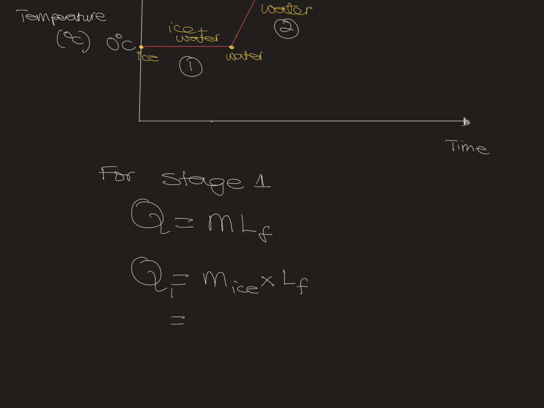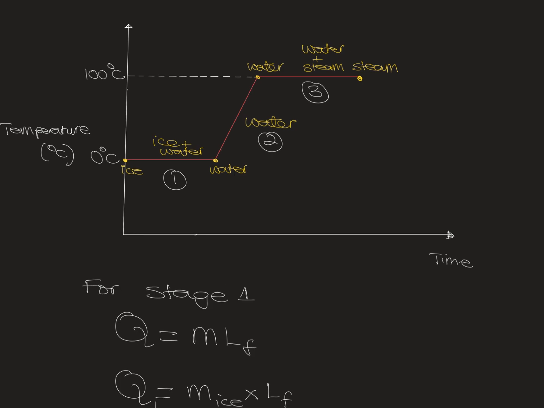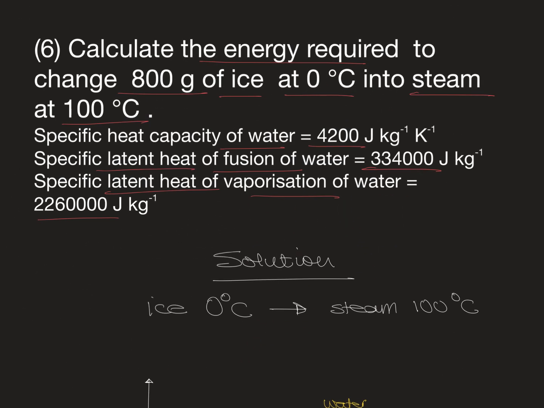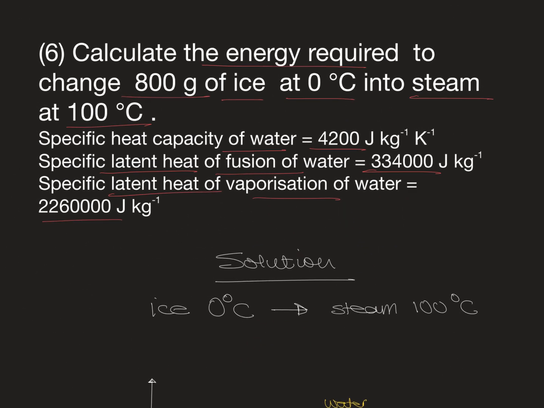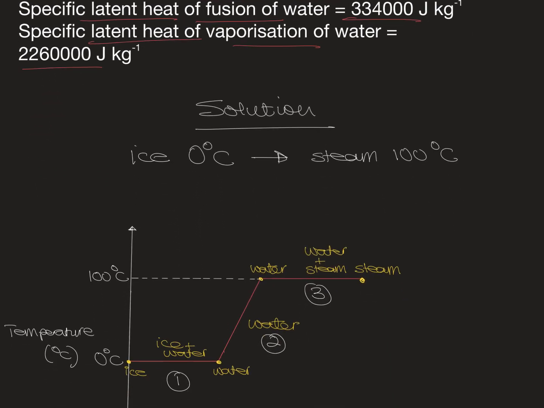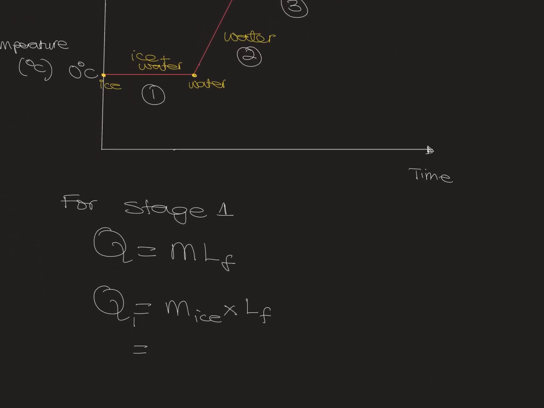The mass of the ice is given in the question as 800 grams. So if you convert that to kilograms, that is supposed to give you 0.8 kilograms.